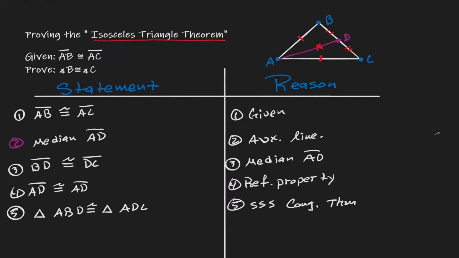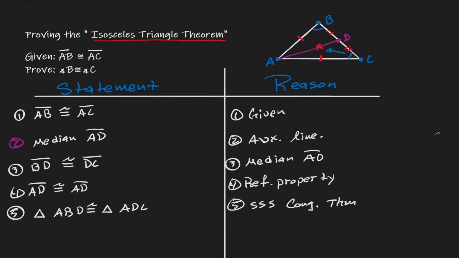And remember that once we have identified two congruent triangles, then we know that corresponding parts are congruent. And what do you notice? Angle B is opposite of the common line. And in addition, angle C is opposite of the common line.